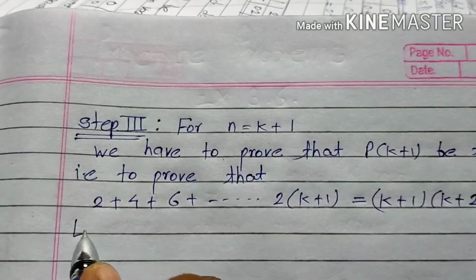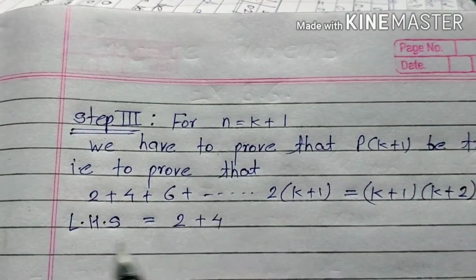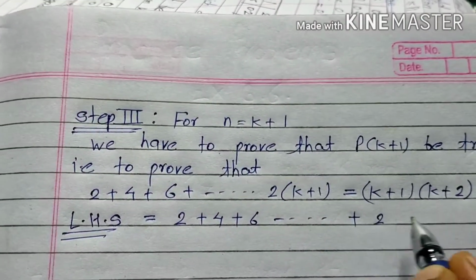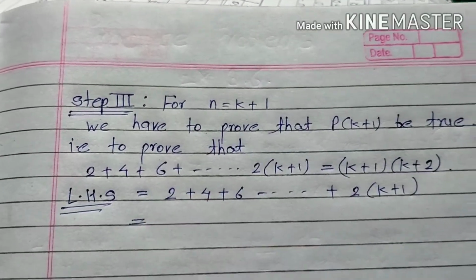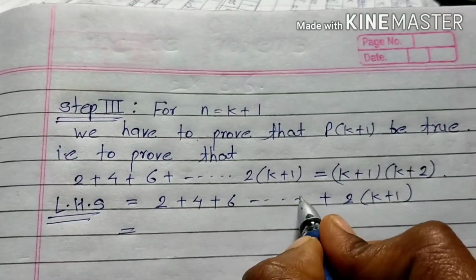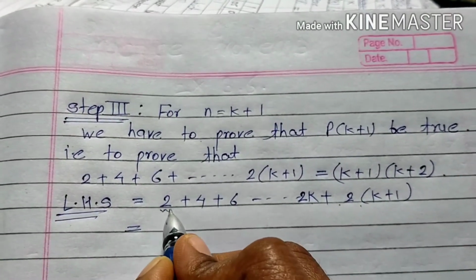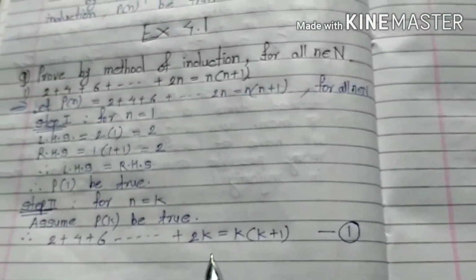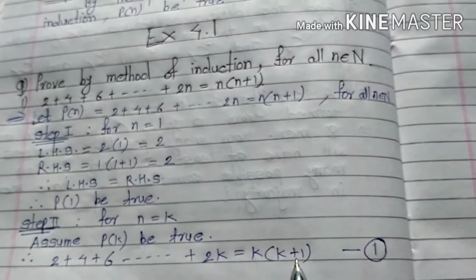Now take LHS. So LHS is equal to 2 plus 4 plus 6 up to so on 2k plus 2 into k plus 1. So here one step remaining, write 2k plus 2 into k plus 1. Now you can observe that this 2 plus 4 plus 6 up to so on 2k, from given equation first, its value is k into k plus 1.